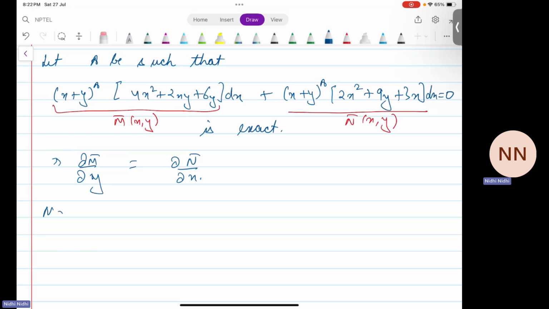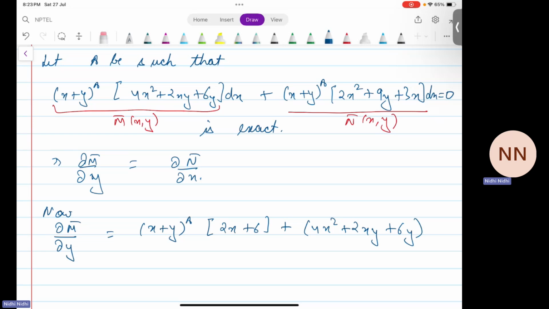Now del M bar by del y is equal to, we'll be using the product rule to differentiate M bar. We have (x plus y) to the power a as it is, differentiating the rest of the factor with respect to y, we have 2x plus 6, plus 4x square plus 2xy plus 6y as it is, we get a(x plus y) to the power a minus 1.